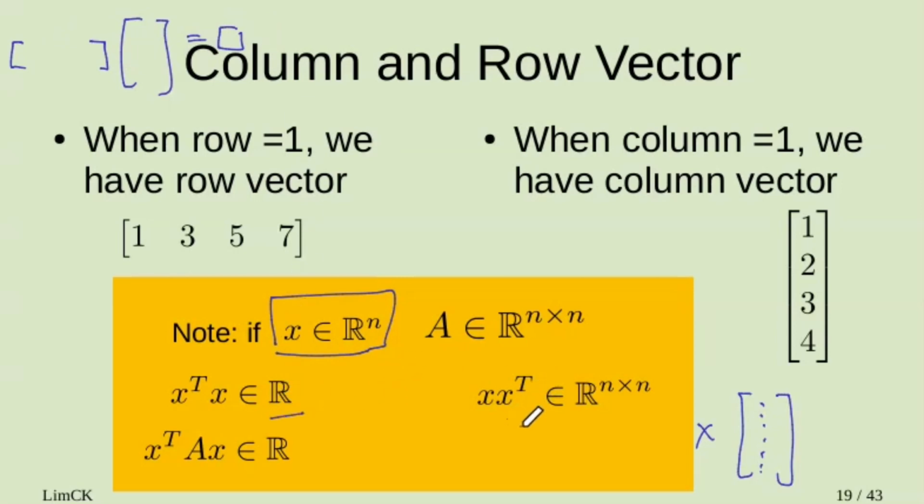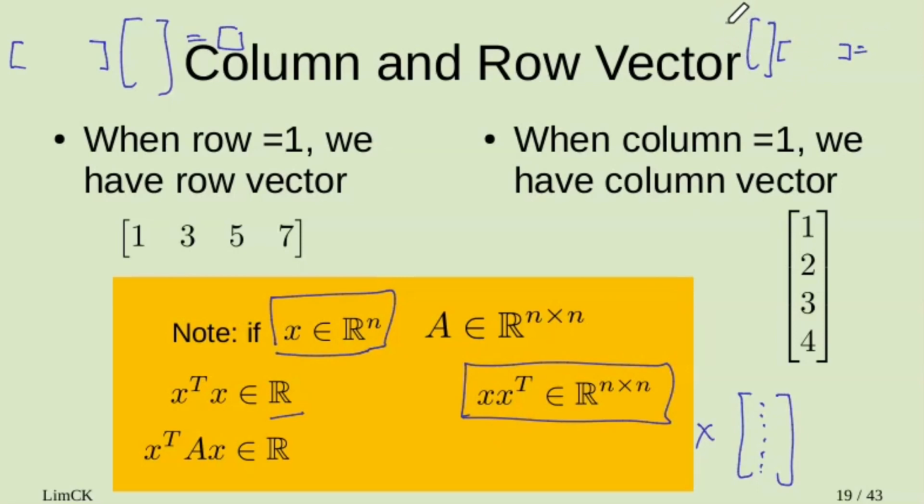If we do it the other way around, x multiplied by its transpose, you perform the multiplication.